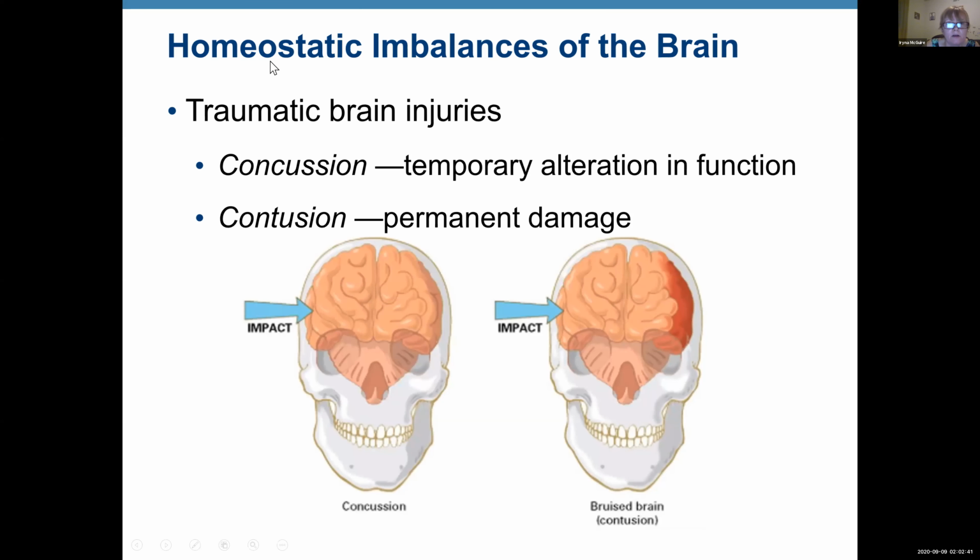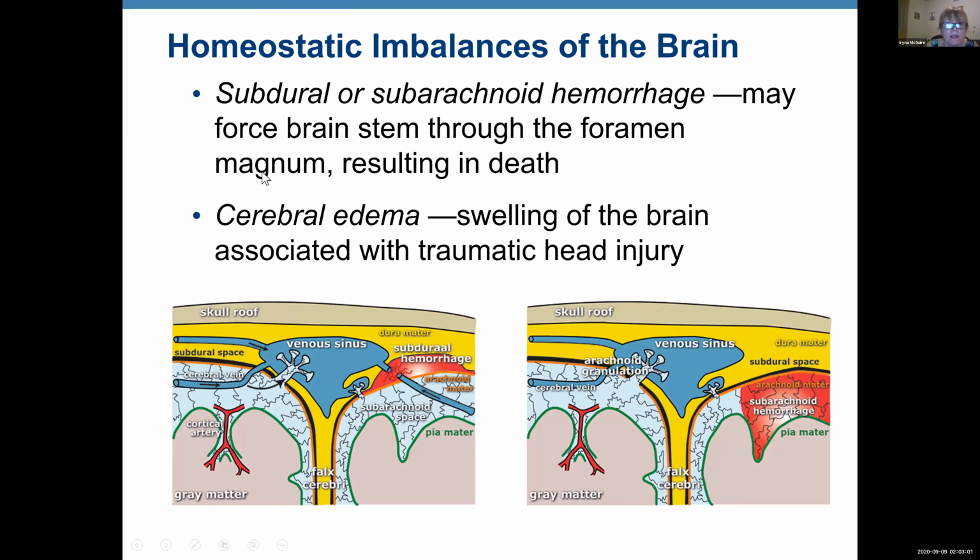Okay, now quickly about some homeostatic imbalances of the brain. Traumatic brain injuries: concussion and contusion. Concussion is a temporary alteration in function, and contusion is permanent damage. And just remember that definition.